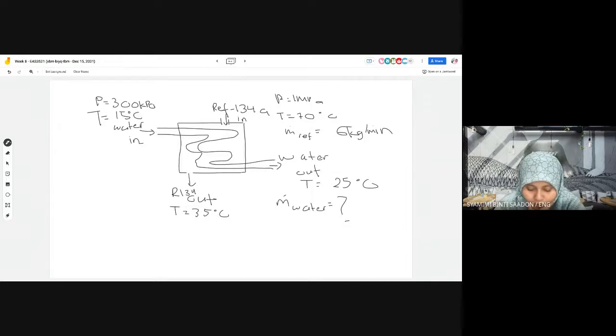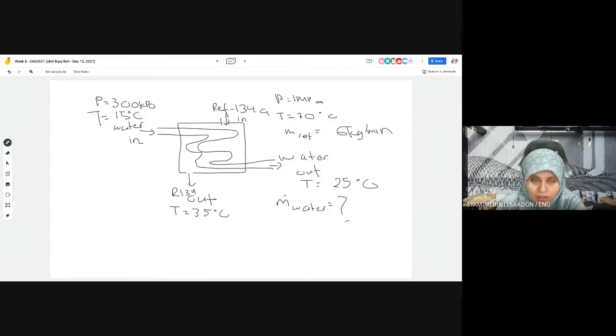For the heat exchanger, we neglect kinetic energy and potential energy, since velocity and altitude are not given here.